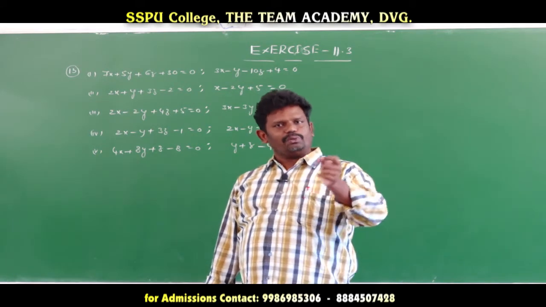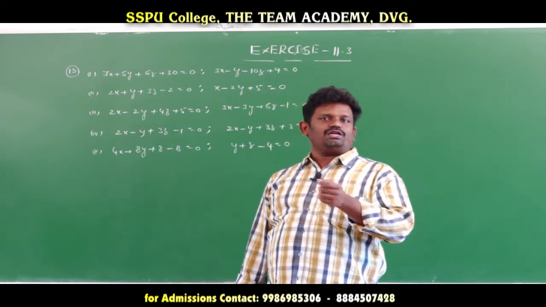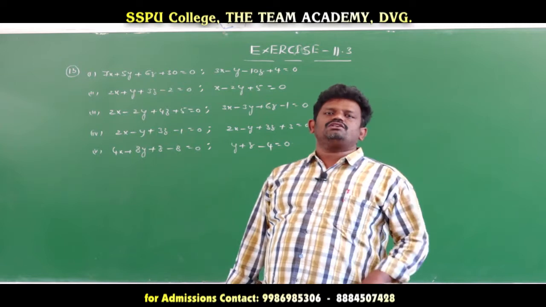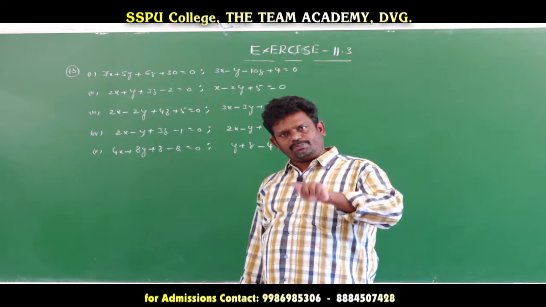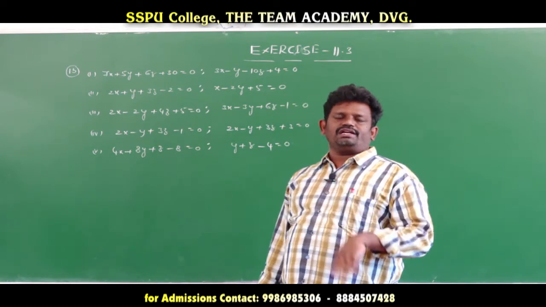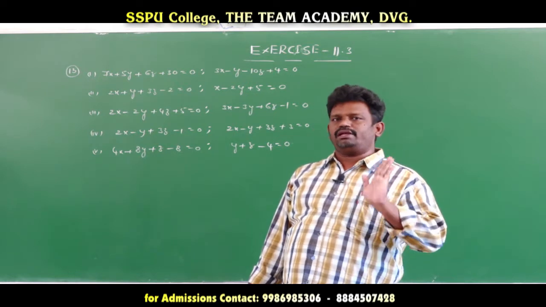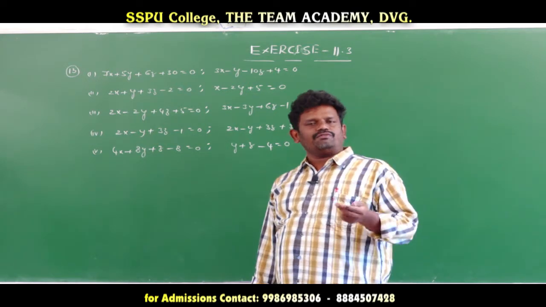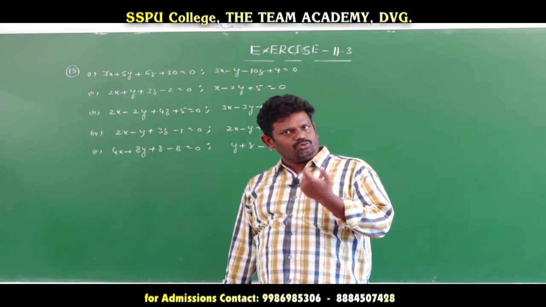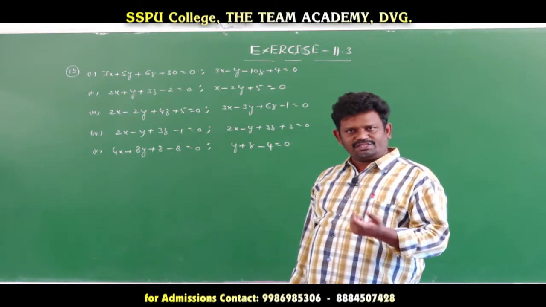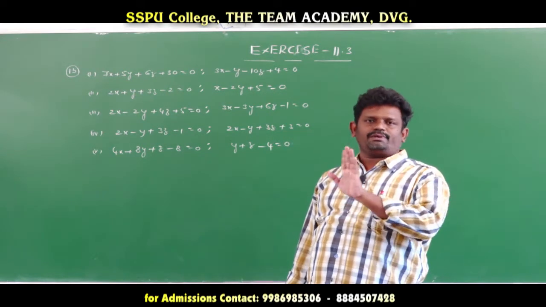The perpendicular condition is a1 a2 plus b1 b2 plus c1 c2 is equal to 0, that is, the sum of the products of the direction ratios is 0. If the ratios are proportional, the planes are parallel. Otherwise, for the angle, the formula is cos theta is equal to modulus of a1 a2 plus b1 b2 plus c1 c2 by square root of a1 square plus b1 square plus c1 square, into square root of a2 square plus b2 square plus c2 square.